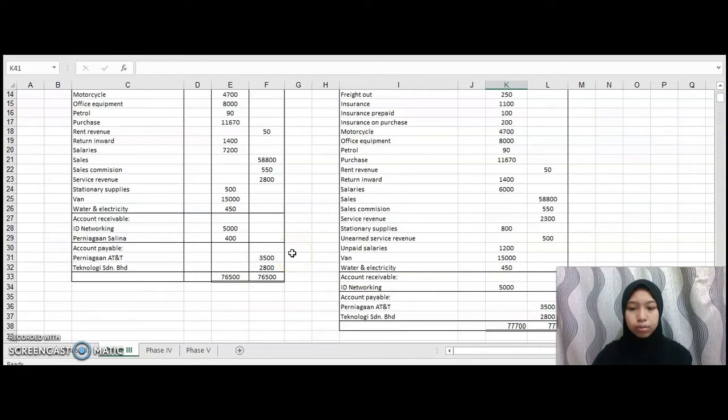The total of both sides is 76,500 ringgit. So the total has shown the balance of the trial balance for our company.